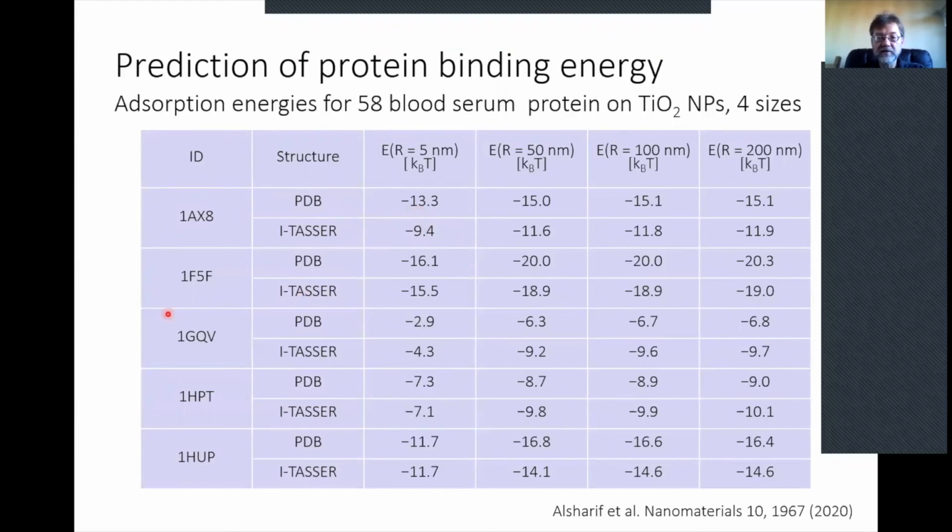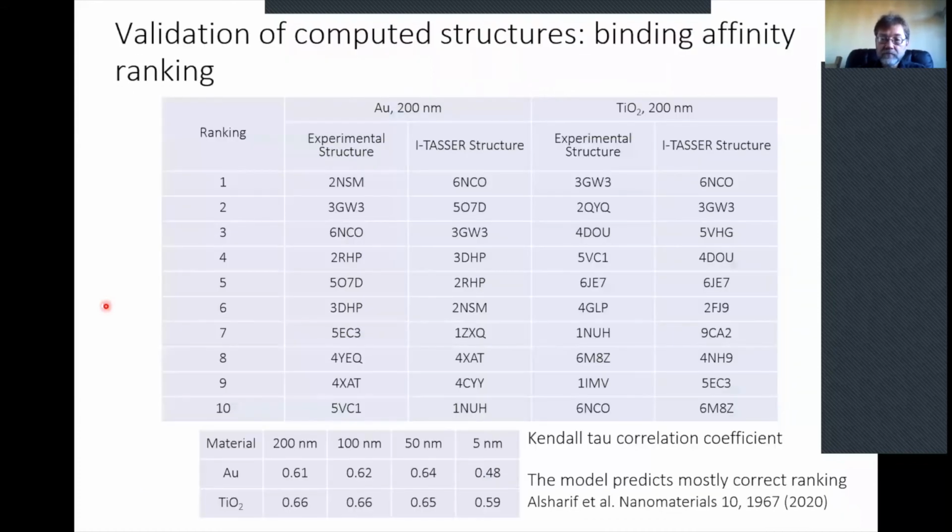It's not exact. There are deviations, but we found that it's good enough. So ITASR is doing a good job, at least for binding affinity. So what we try to compare is using the experimental crystal structure and ITASR computed protein three-dimensional structure to compare ranking. It's not exact, but it's quite stable, quite robust prediction.